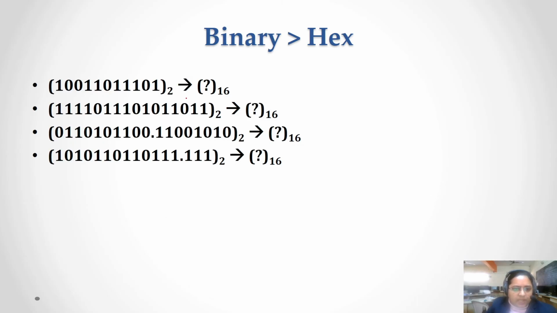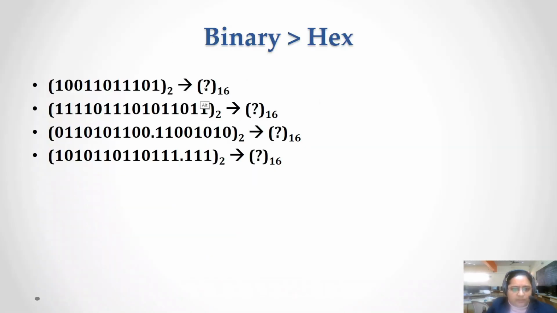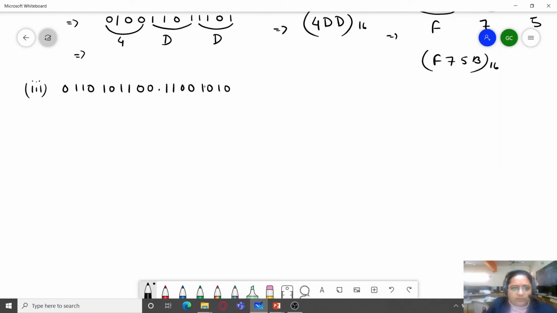Now this number has a decimal point and digits after the decimal point. So let's write the digits properly first.